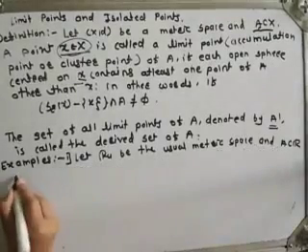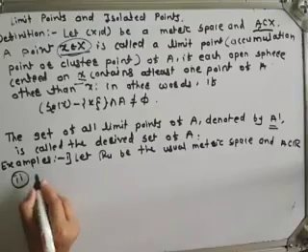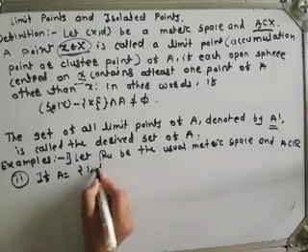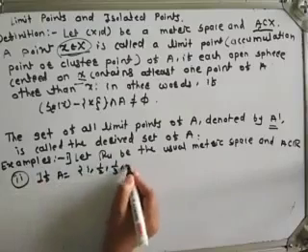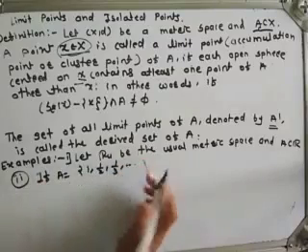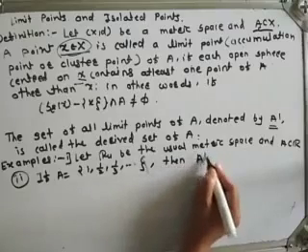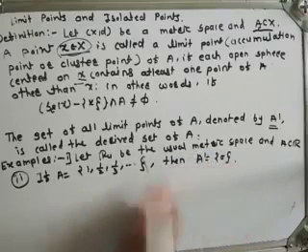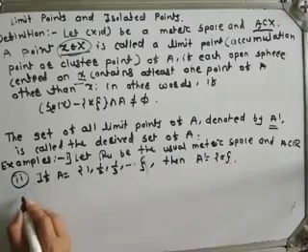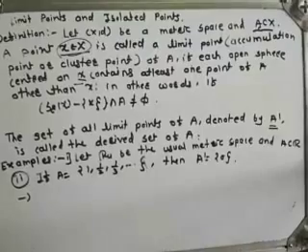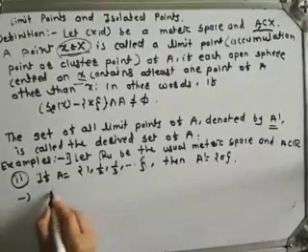Let us take the second example. If A is equal to {1, 1/2, 1/3, and so on}, then the limit point of A is equal to the singleton {0}. See the solution of this problem. See here, what is A?